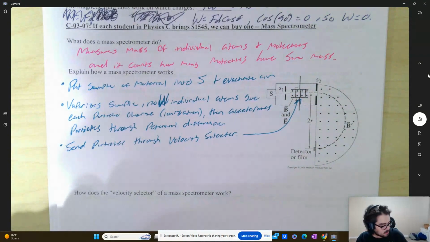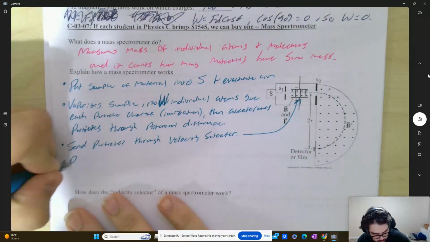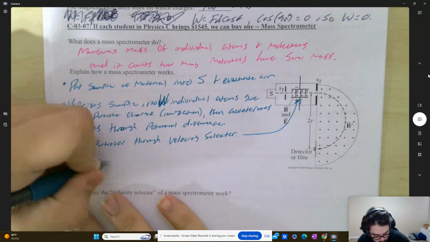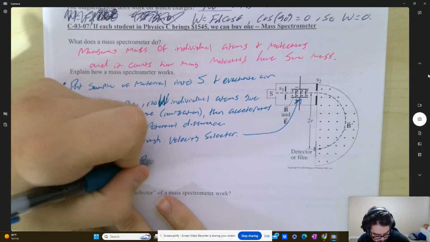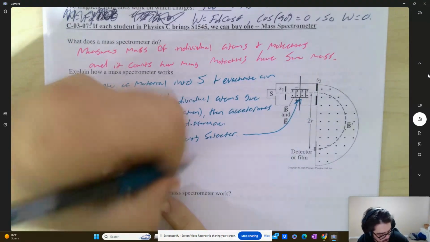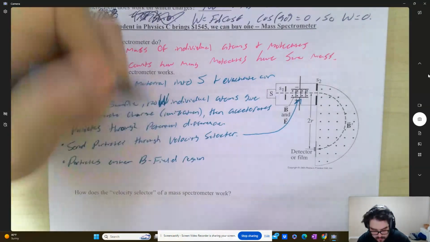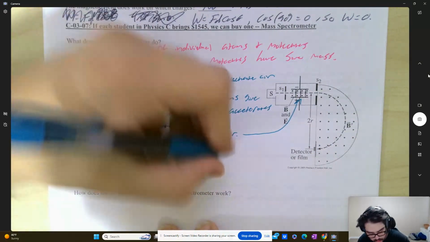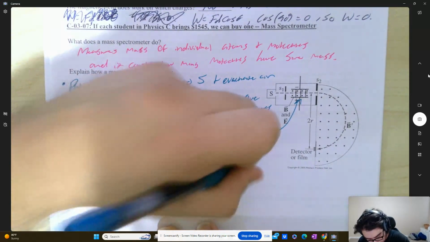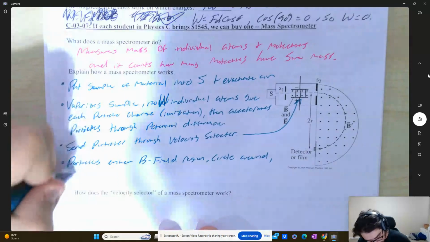The particles then enter a B field region. That's this big half circle right here. They enter the B field region, circle around, and then collide with the detector.